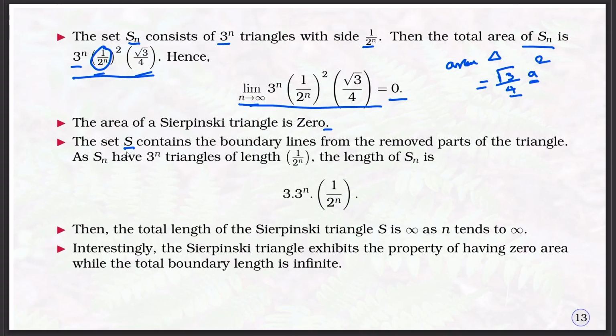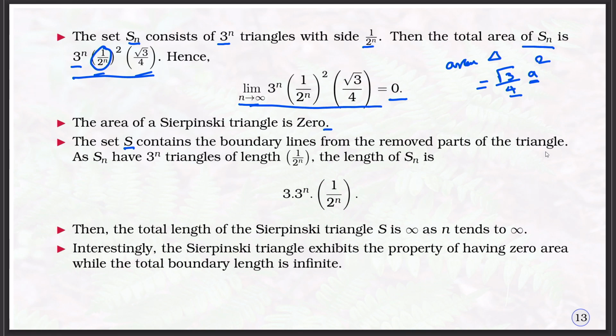Now, let us try to calculate the length of the triangle. For that, the set S contains the boundary lines from the removed parts of the triangles. Whatever triangle we are removing, we remove the interior, not the boundaries.